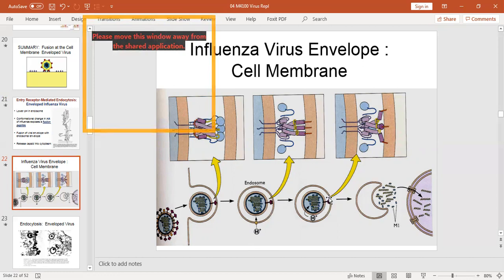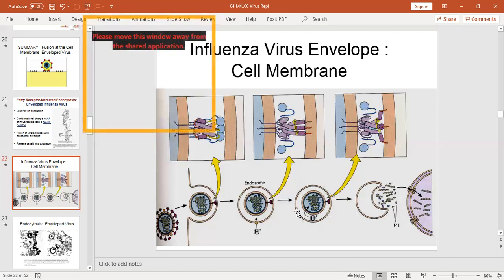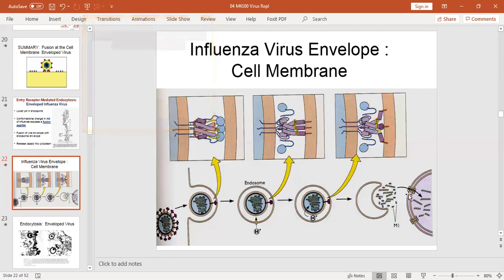This fusion peptide, shown in red here, helps to fuse viral envelope with the membrane or the envelope of the endosome, resulting in the release of viral nucleic acid as well as the capsid proteins into the host cell cytoplasm, and then viral nucleic acids through nuclear pores will gain entry into the host cell nucleus.